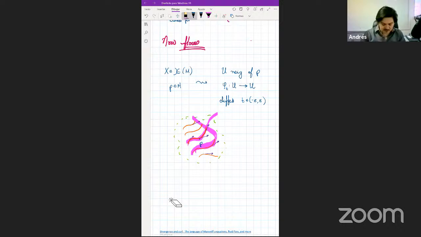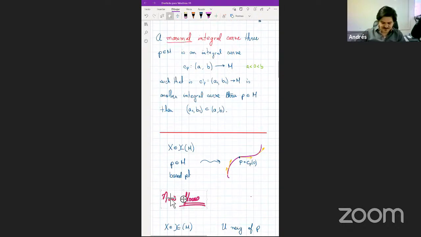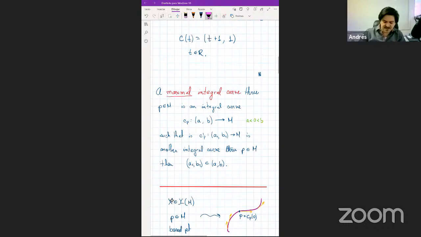Also, we discussed this last time. Remember that a point can also be an integral curve. Remember when that happens? So a point can also be an integral curve. What I'm saying is, a constant curve, a constant function, this can be constant.